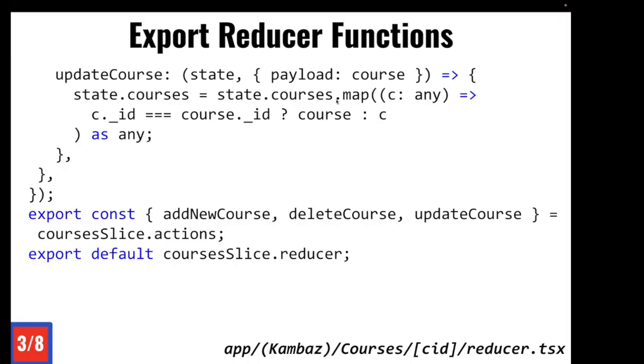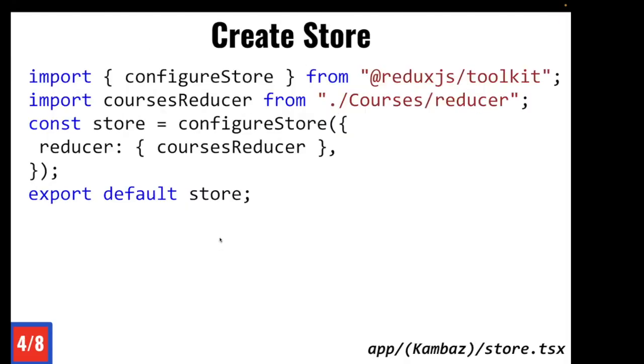We iterate over the old courses, and if it's not the ID, then we keep the old course. But if it's the new one, then we keep the new version of the course that we've been editing. We export all the functions so that we can import them from the user interface and invoke them through dispatch. So that's what we're going to do.